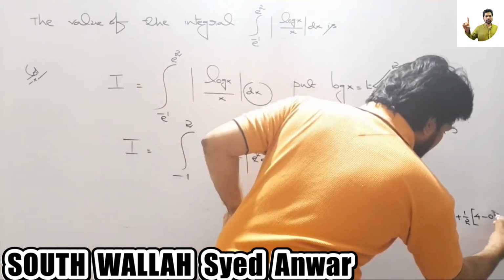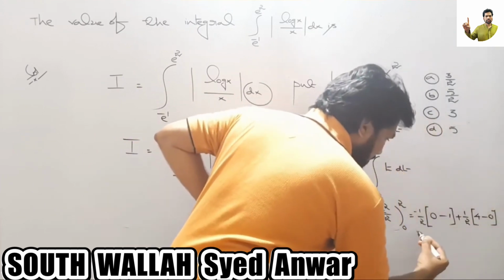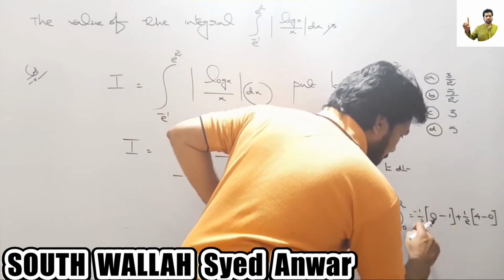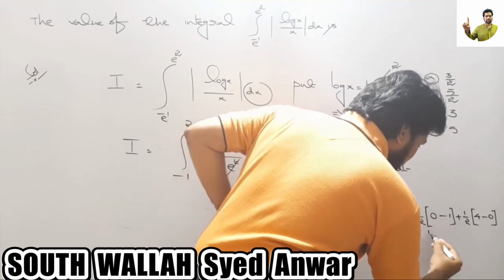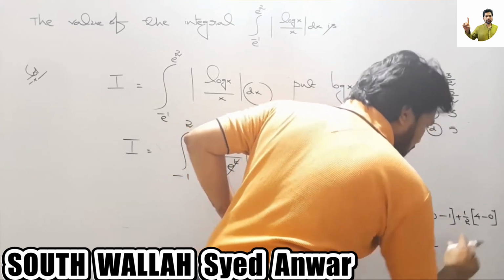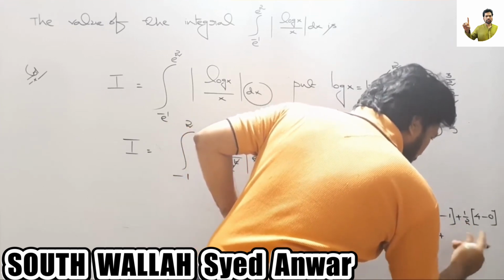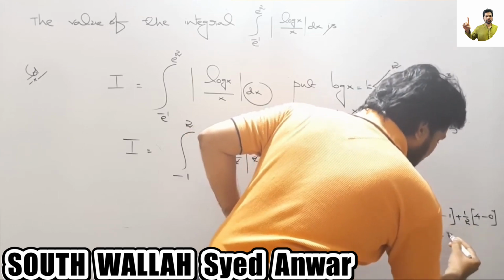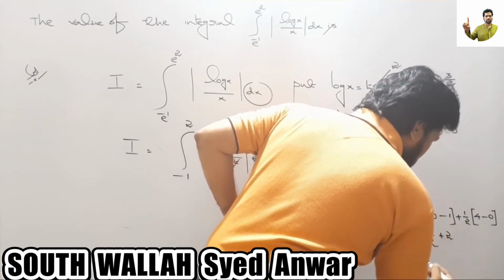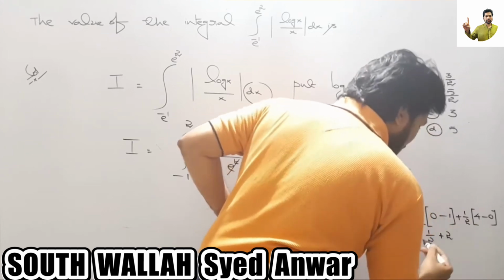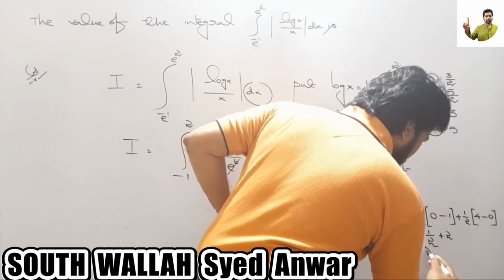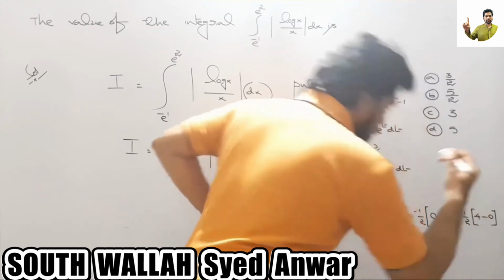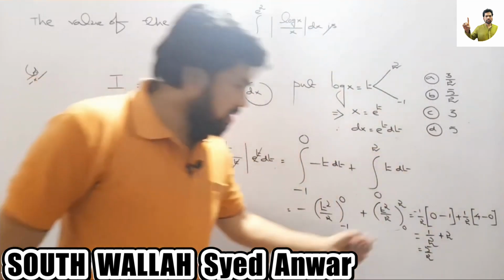That means it becomes 0. We will simplify here. So that is equal to minus 1 by 2 into minus 1, plus 1 by 2 into 4, which is nothing but 2. So that is 1 by 2 plus 2, which is nothing but 5 by 2.